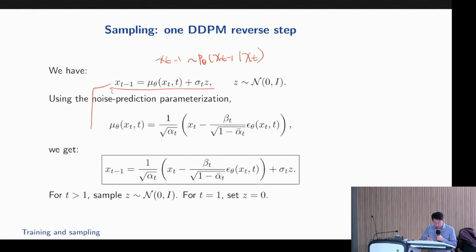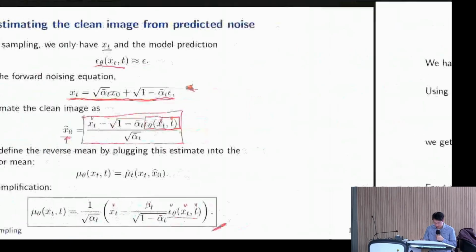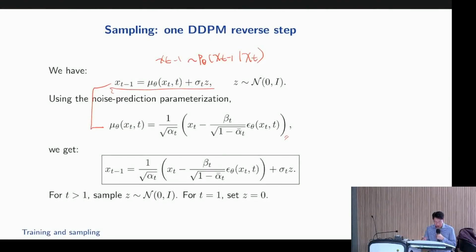So combining these two equations, this is what we derived here, just writing everything in one line. The one-step denoised sample xt minus 1 we can directly generate given xt, t, and the trained network, plus this term adding noise.